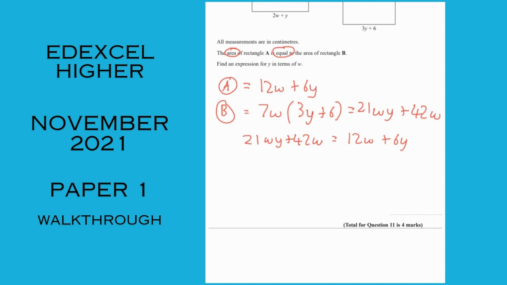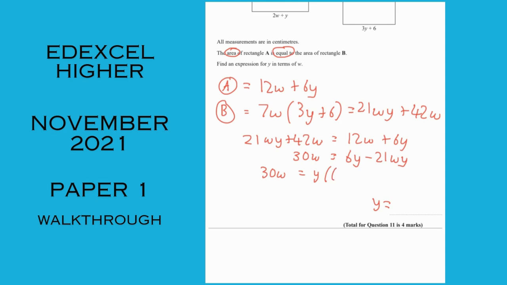Find an expression for y in terms of w. So the final answer needs to look like that. In other words, make y the subject. So let's take 12w from both sides. Let's subtract 21wy from both sides, because now we can factorize out a y.